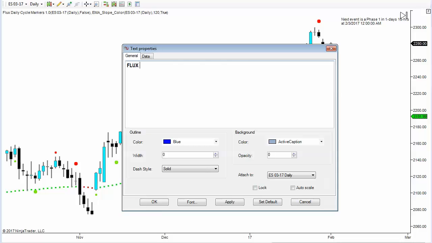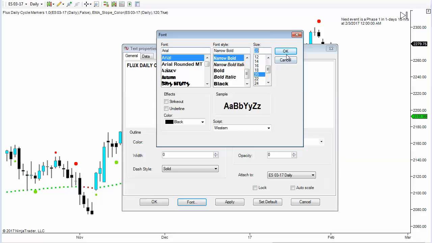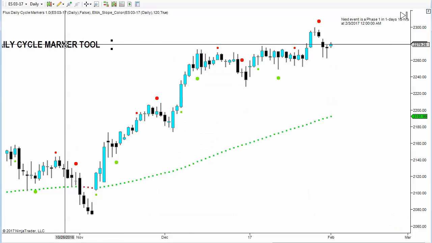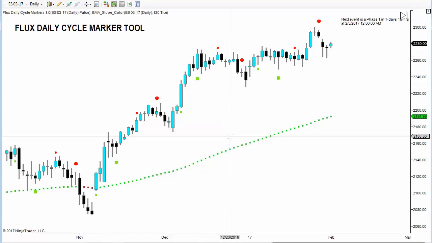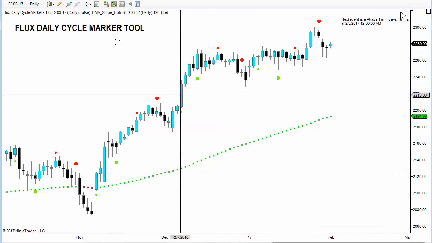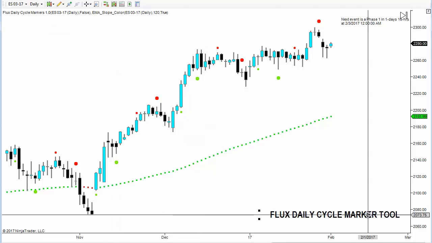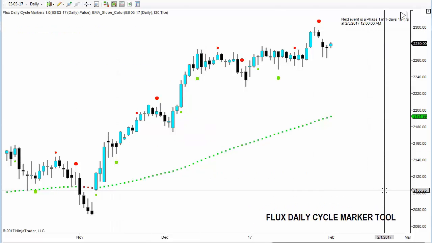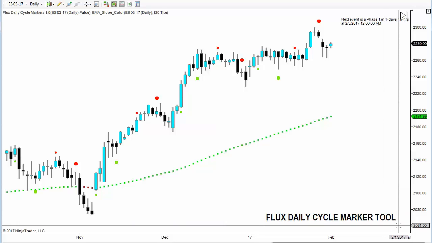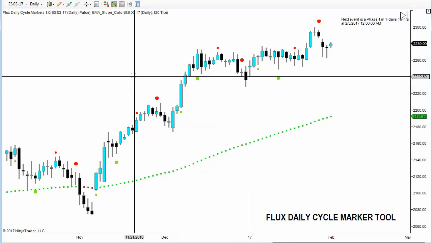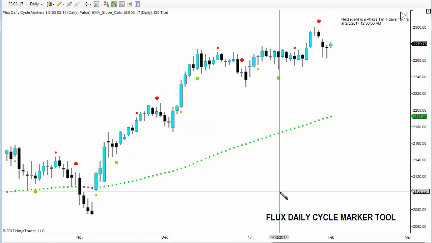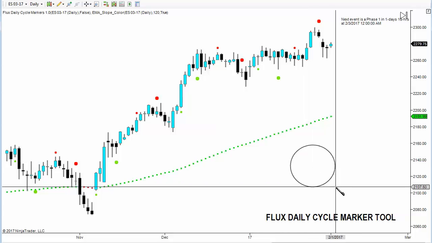For some of you that purchased the professional package, there's one tier above you for those traders that are using these longer term swing trades, anywhere from 3 to 5 to 7 or more days, leveraging the Flux daily cycle marker tool in their analyses. And so we're starting off every morning looking at the higher time frames. The daily cycle marker tool is relatively unique in that there are no histograms associated with it.